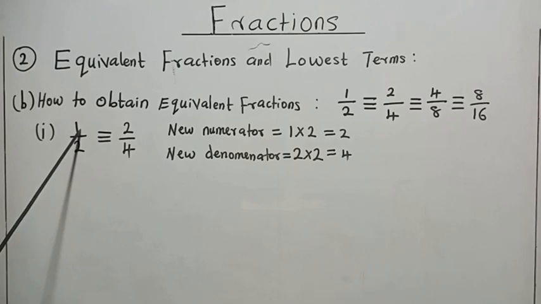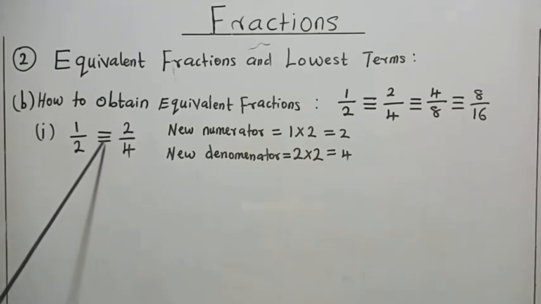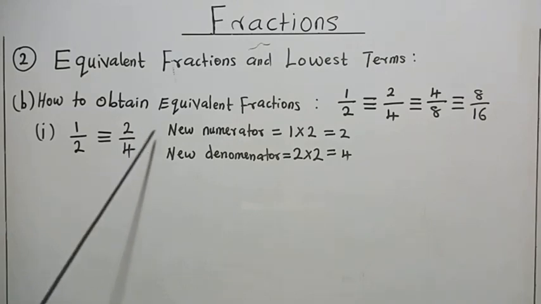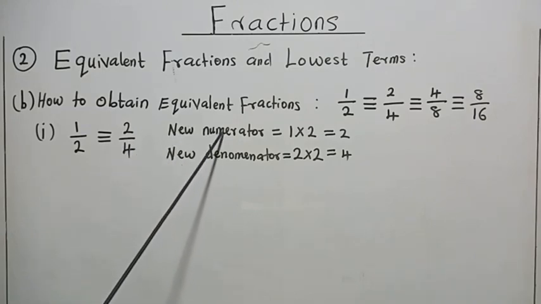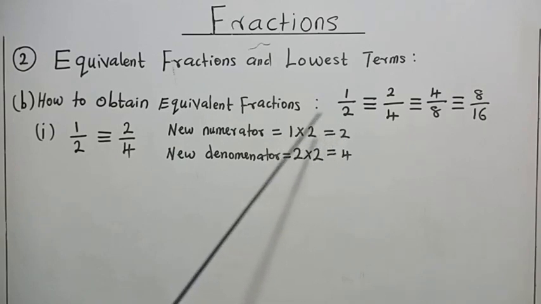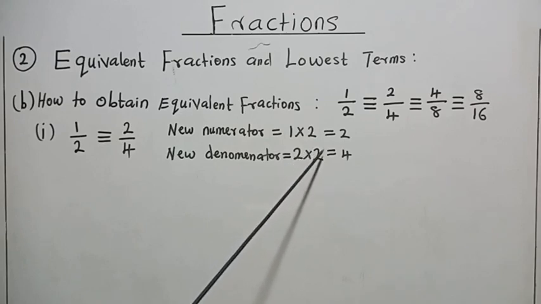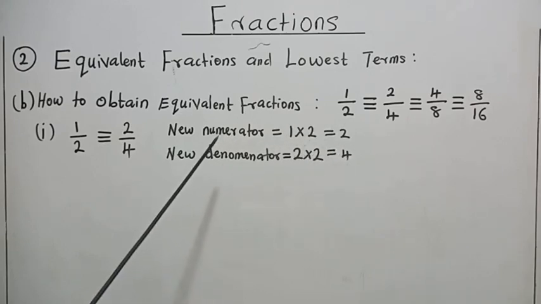This multiplied 2 to give us this. This also multiplied 2 to give us this. That means the new numerator is equal to 1 times 2, which is 2, and the new denominator is equal to 2 times 2, which is 4.